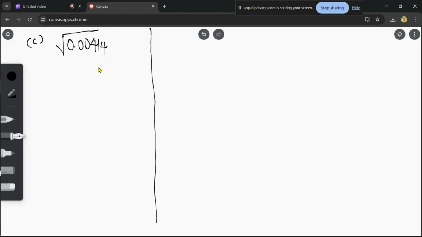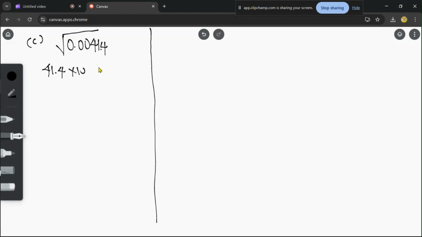If I move 1, 2 steps, the decimal will be here, but my table cannot read zeros. So I've moved 1, 2, 3. Yes, the table begins from 1, but I've moved 3 steps, and 3 steps is not divisible by 2. So I move 4 steps. I move my decimal here: 1, 2, 3, 4.